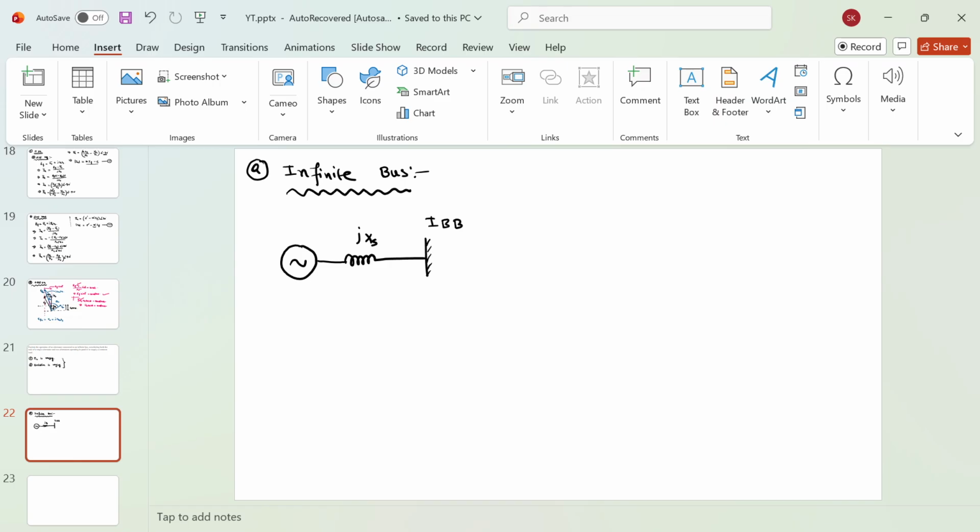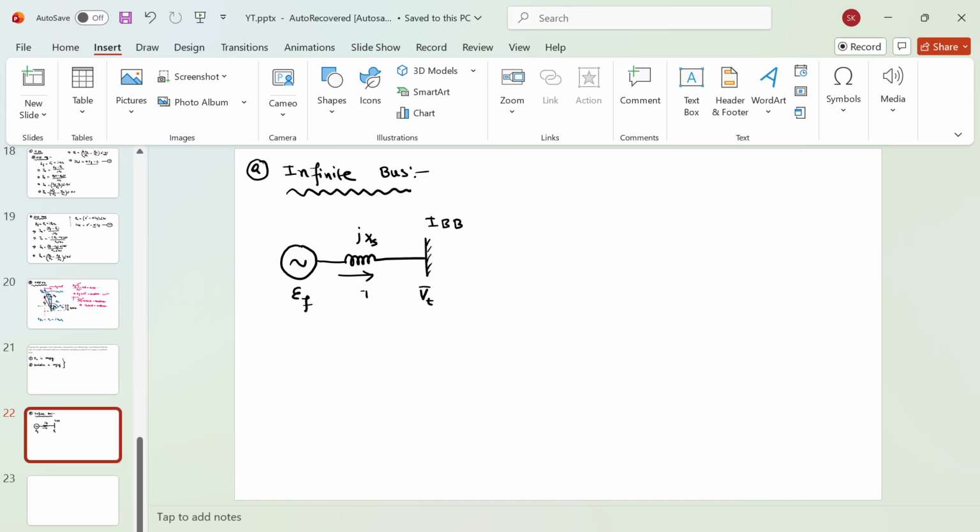So you can just consider I have clubbed all of the inductance here, like leakage inductance and armature reaction inductance, and even if there is inductance of the line, that also I have incorporated in the XS. Okay, and I am neglecting the RS, the synchronous resistance and line resistance. And here I have this internal induced EMF EF, and this is my terminal voltage VT.